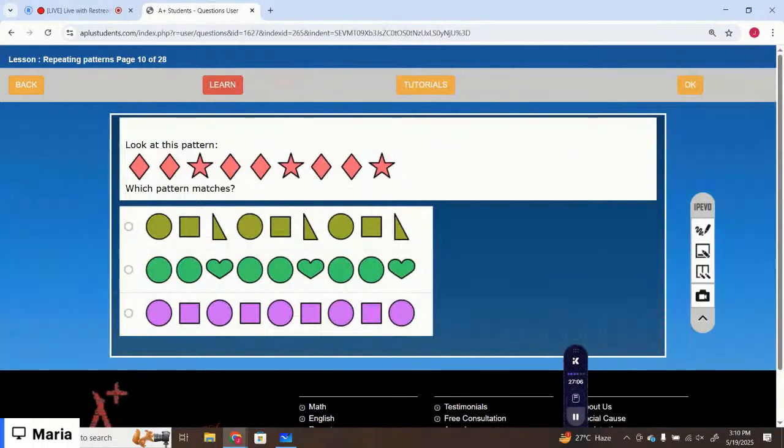Look at this pattern. Which pattern matches? So, which is the correct option?